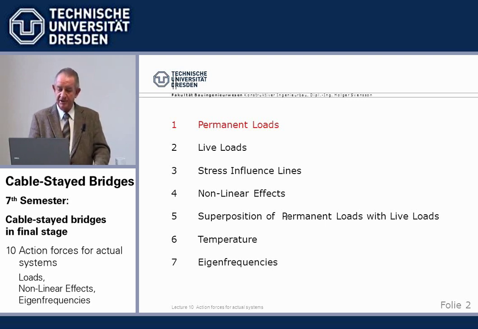We then superimpose the live loads on the permanent loads and talk about temperature loadings for cable stayed bridges, and the hand calculation of eigenfrequencies of cable stayed bridges, which we need for the preliminary calculation of aerodynamic stability, flutter.